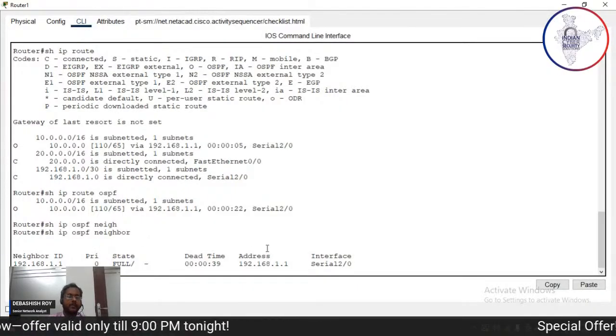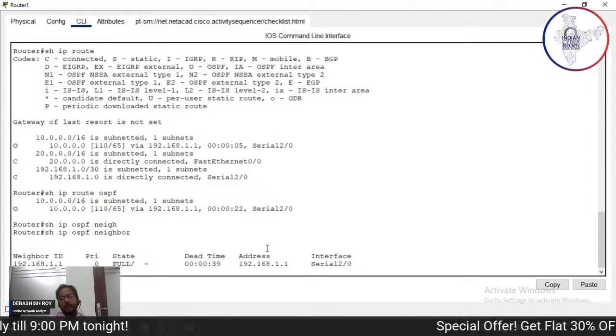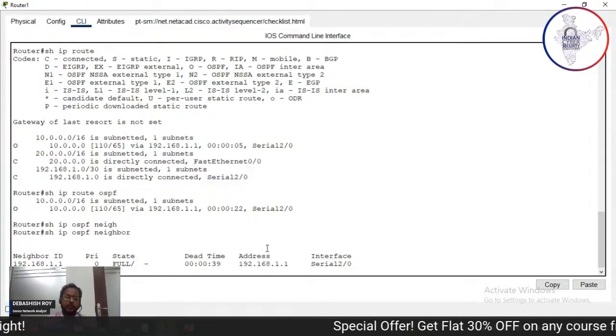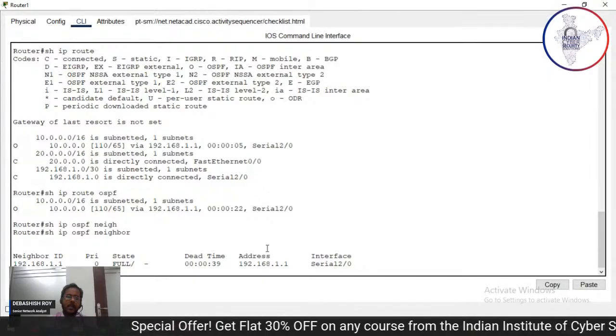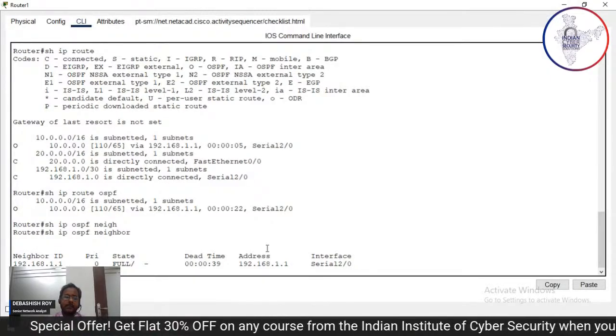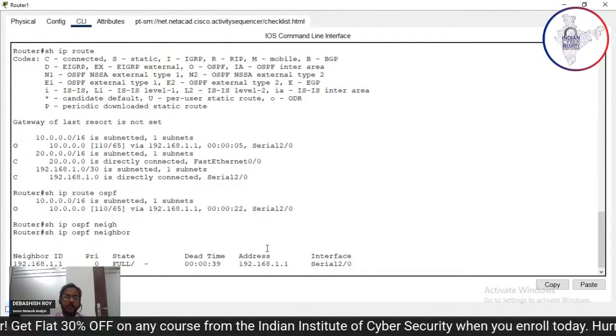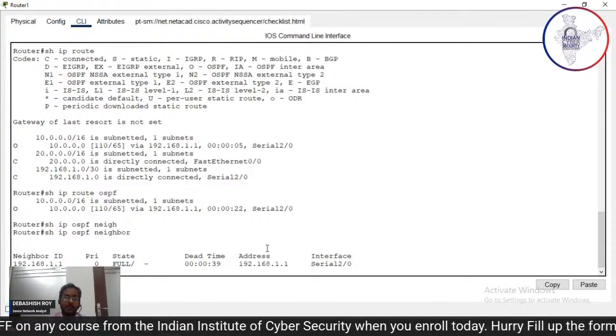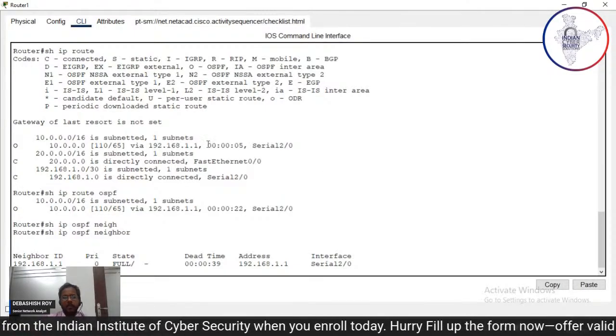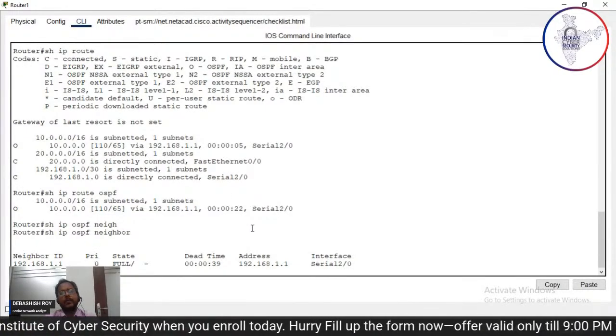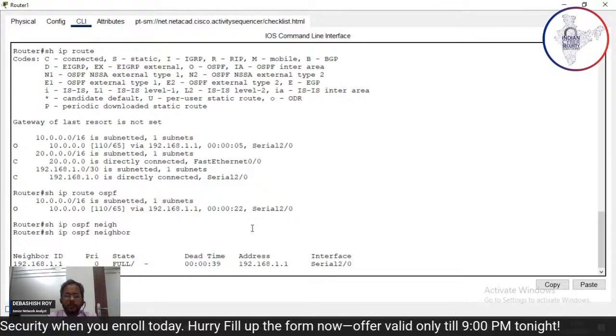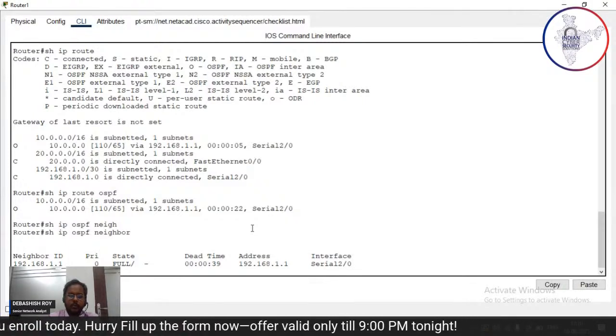So there are some states like the full state. OSPF neighbors actually have the full state among themselves, and they establish two-way states with the DR or BDR, that I will cover later someday. So that is about the OSPF troubleshooting commands, like show ip ospf.